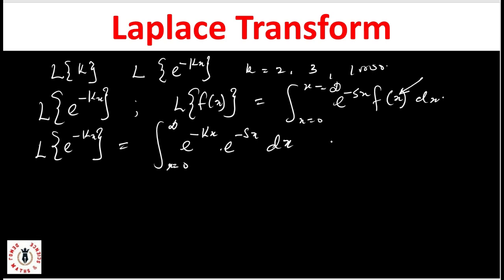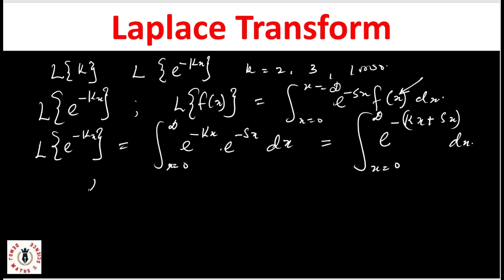If you look at this closely, we can easily rewrite this from our basic indices. Both have the same base, which is e. I can rewrite this as e raised to power minus (k plus s)x, I'll put a bracket here because I have a negative, dx, and we are integrating between x equals 0 and x equals infinity.